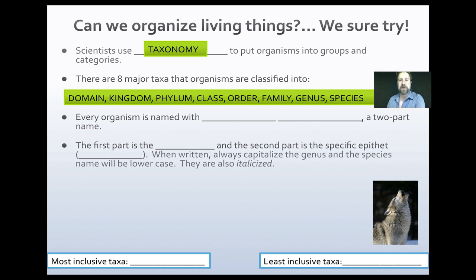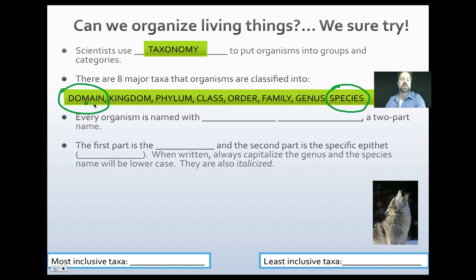Well, there's mnemonic devices out there to help you with that. I would suggest Googling one. I'll give you one in class, and I'm sure you can find something to your liking that will help you remember the order of those. Now, the domain is the largest category that we see in taxonomy, and the smallest category is species. So domain's the biggest, and species is the smallest.